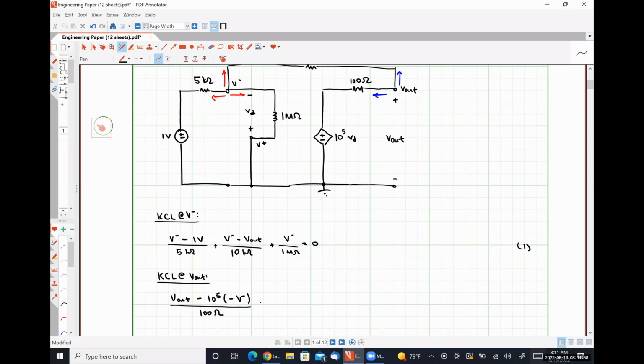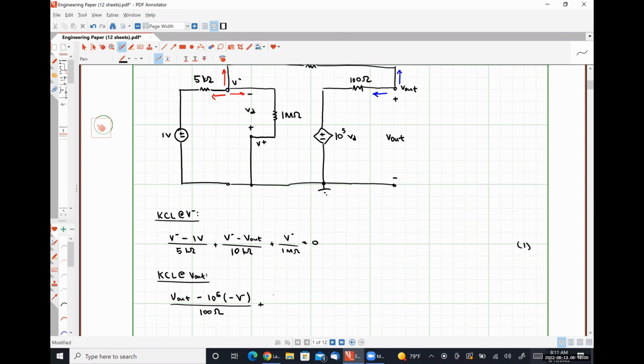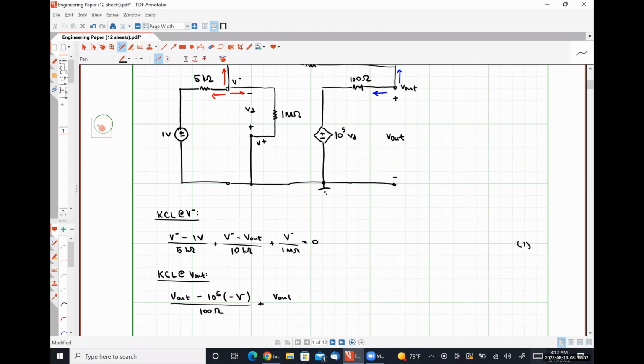And we're also going to have V out minus V minus over 10 kilo ohms is equal to 0. And this is equation 2.